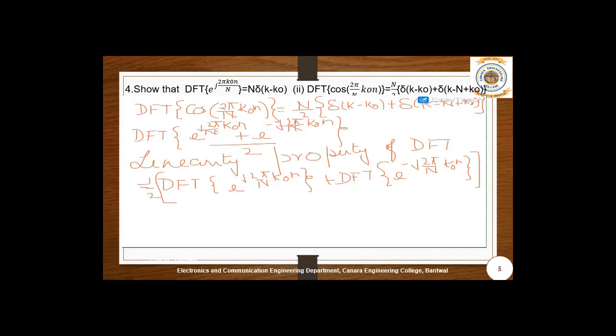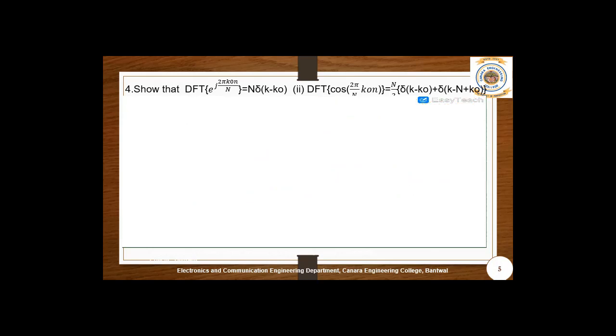From the previous problem, we have already found the DFT of e to the power j 2 pi by N k naught n. Now let us find the DFT of e to the power minus j 2 pi by N k naught n.